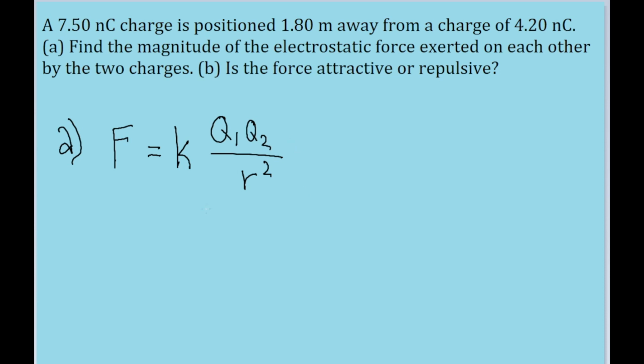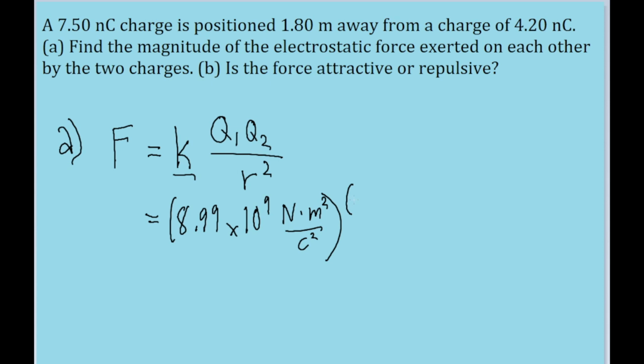In the case of this problem, first off, we have K, which is a constant, and has a value of about 8.99 times 10 to the power of 9, with units of Newton meters squared per Coulomb squared, times the charges, and the charges are given to us.